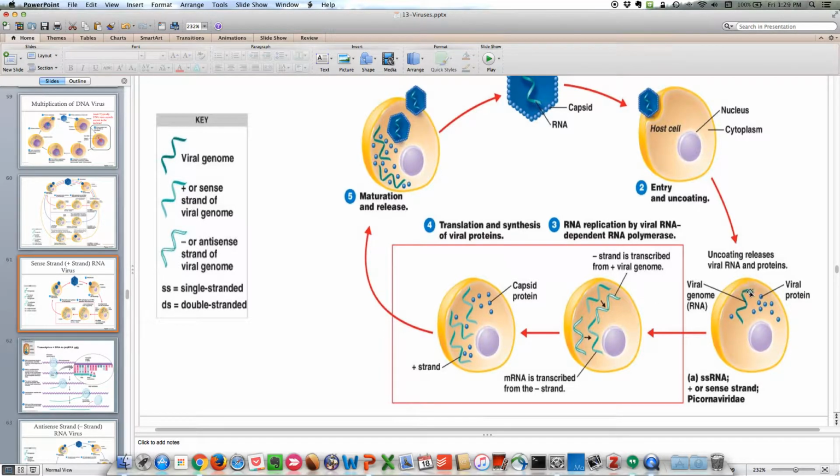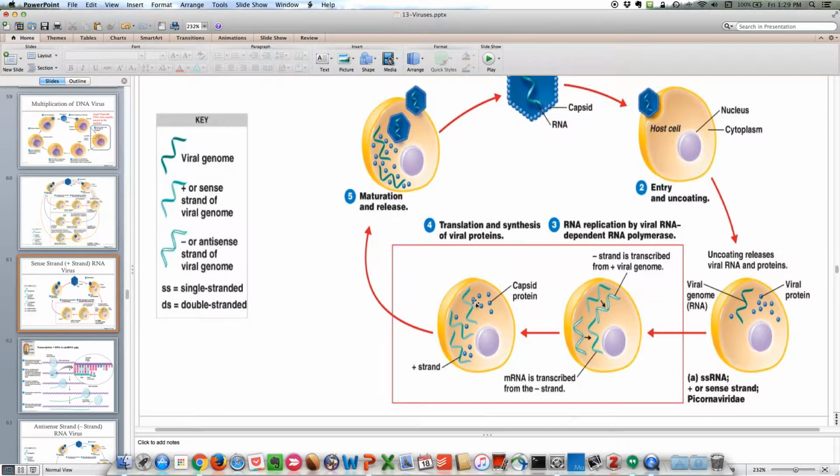And so also on this genome over here are going to be your plus sense genes for different proteins like the capsid protein. And so late in the replication cycle, you'll see these capsid proteins being synthesized off of these plus strand RNAs.